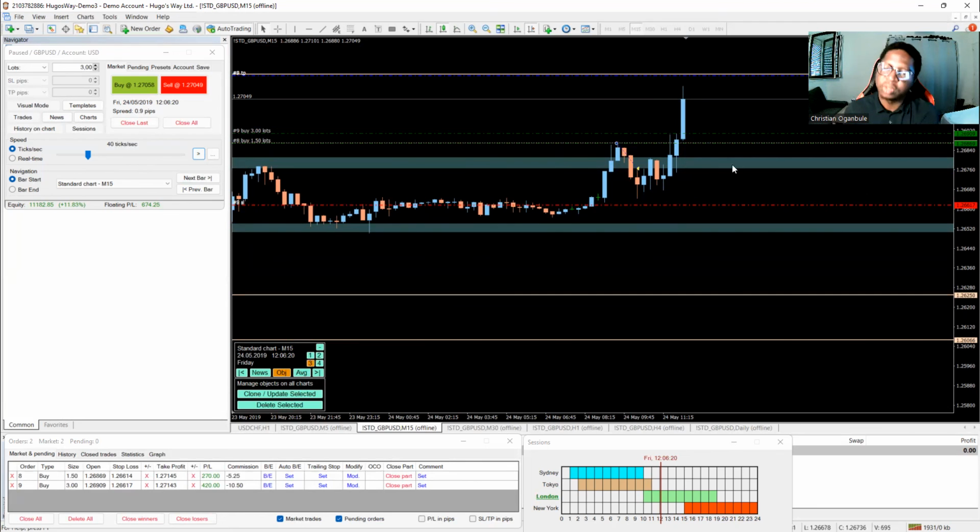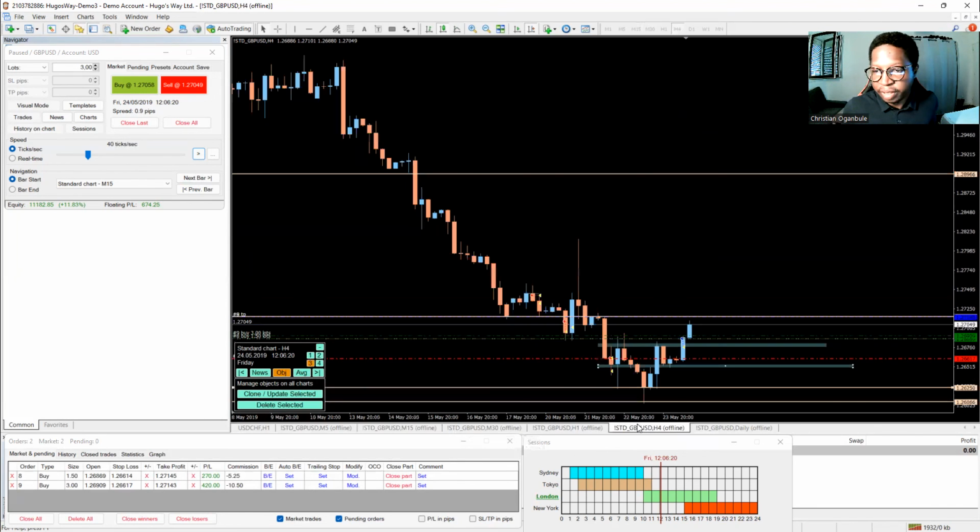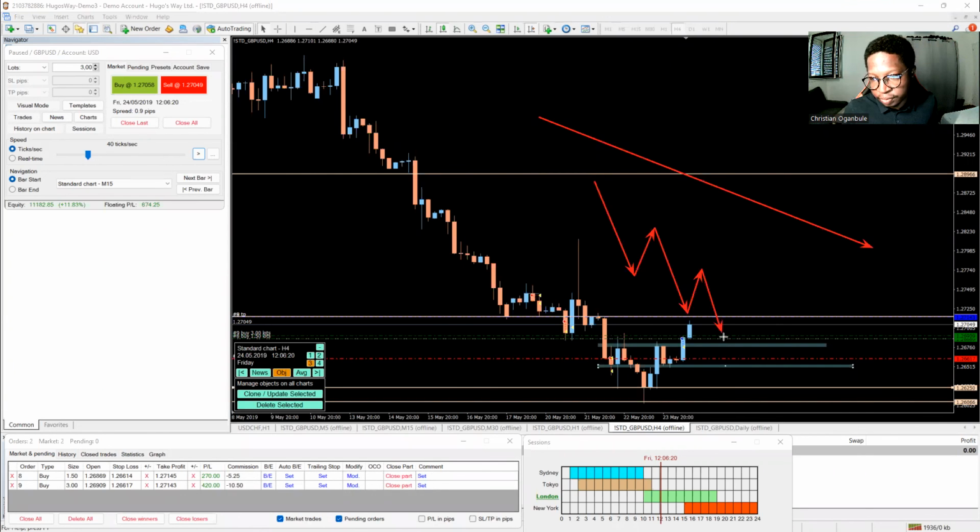And what could be learned from this trade? First, if we go back to the analysis, we mentioned that if we break above this high, if we close above this resistance or close below this level of support, we could take buys and sells respectively, because this was really the situation. Price was pushing down.